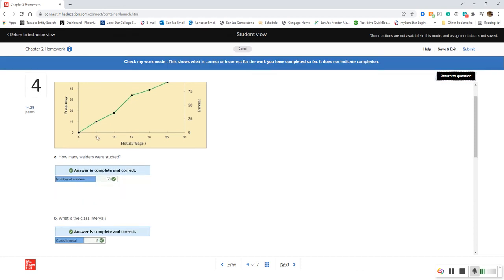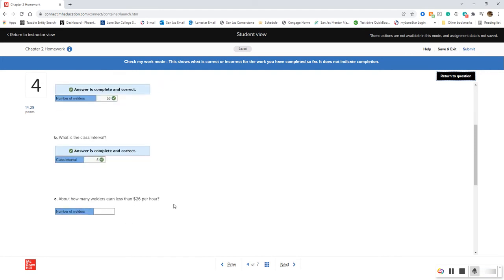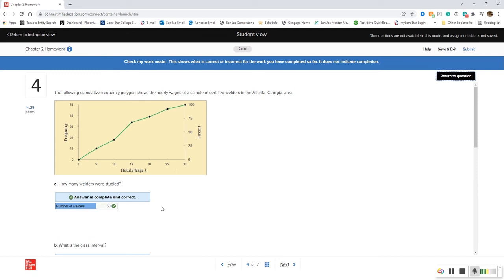There we go. Yeah, 0 to 5, 5 to 10, 10 to 15, 15 to 20. Again, the x-axis has our intervals, so we're sitting at 5 for each. Nice. How many welders earn less than $26 per hour?